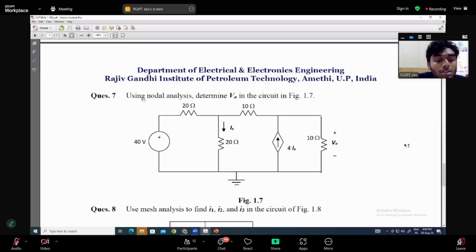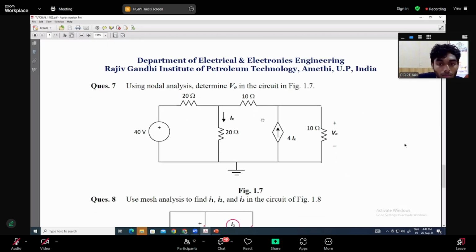So I'm reading the question. Using nodal analysis, determine V naught in the circuit in figure 1.7. So we have to find the nodes. Prominently we can see two nodes, one in between the 20 ohm resistor and the 10 ohm resistor, and the other just after the 10 ohm resistor.